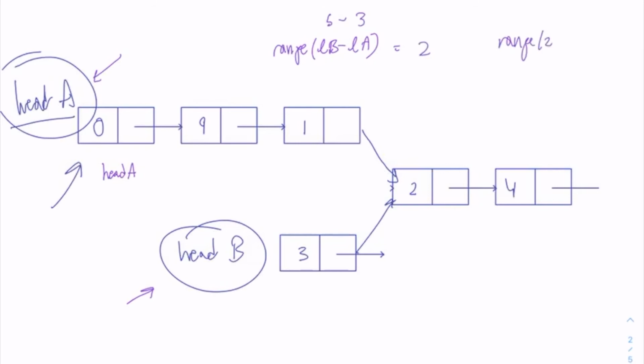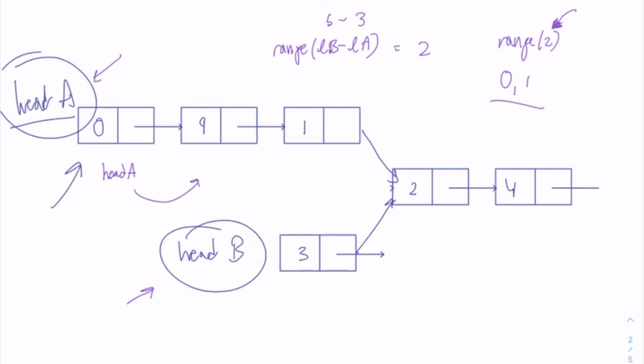So range of 2 is dealing with 0 and 1. 2 is not included as per the built-in definition of a range in Python. So we will be moving head A 2 times.